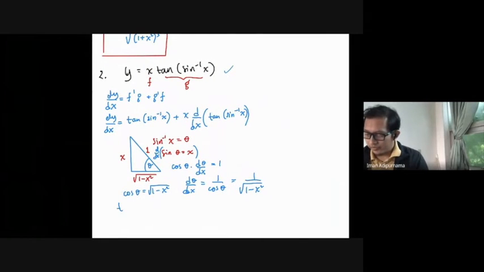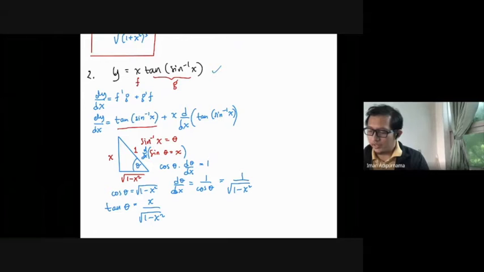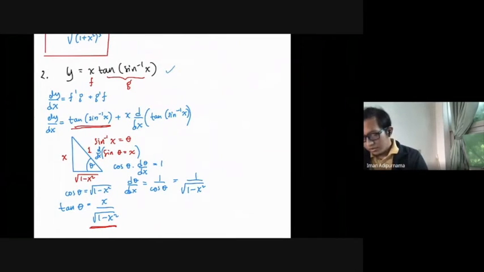Also from this triangle we have tangent theta is x over the square root of 1 minus x squared. We can change the tangent sine inverse into this form. And then we still have this part.